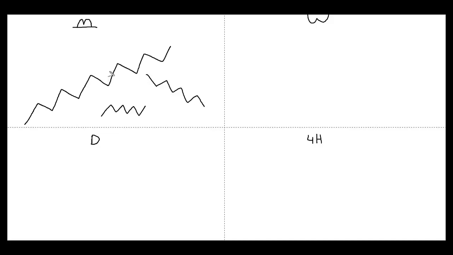Because when price is in a continuation mode, and then price is retracing on a monthly chart, when the monthly chart is correcting itself, this move in here will almost always be something like this on your weekly.